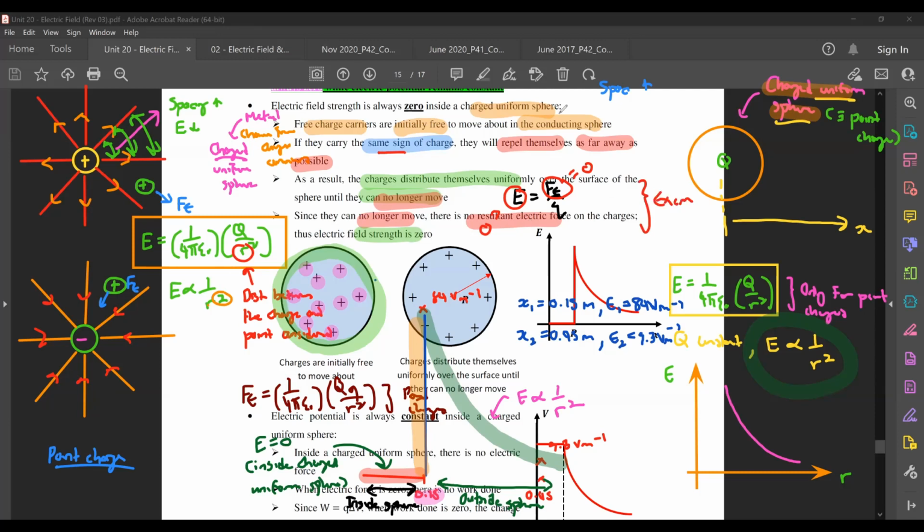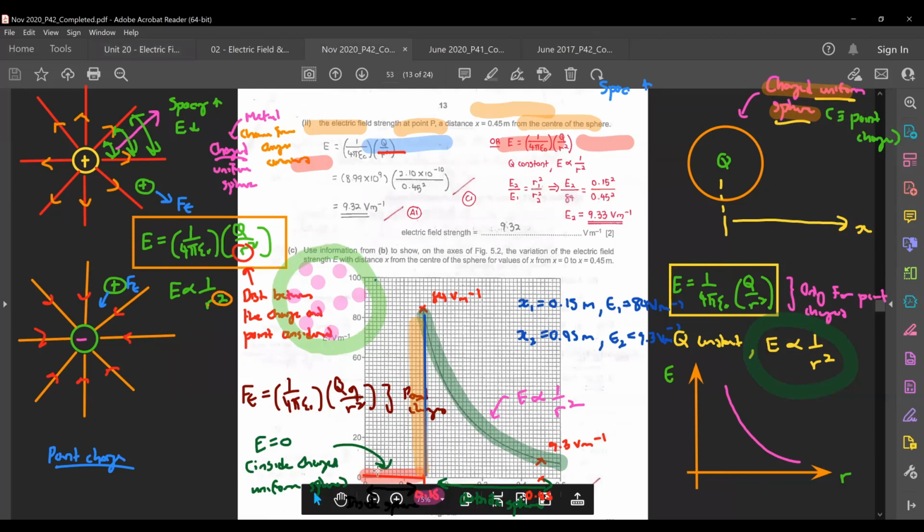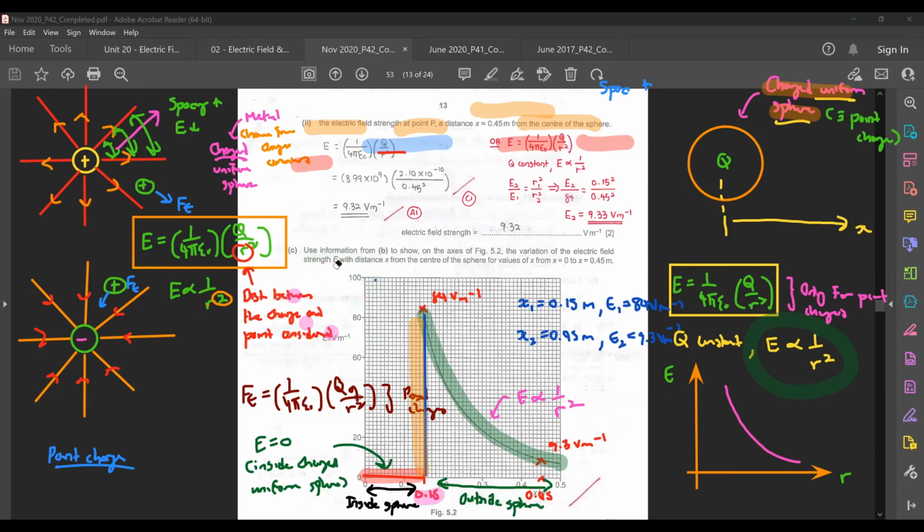They will ask you to explain why field strength is 0 inside your sphere. Okay, so that's the reason in the first place why you have this graph shape. Why is it 0 inside your sphere? Okay, so that is okay. Then I move on to your next question.